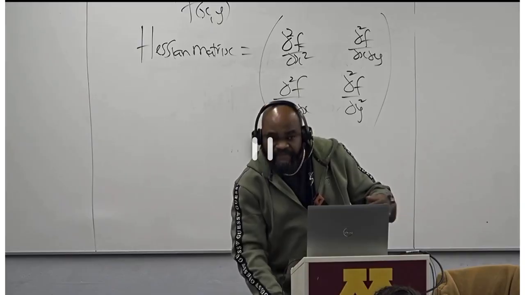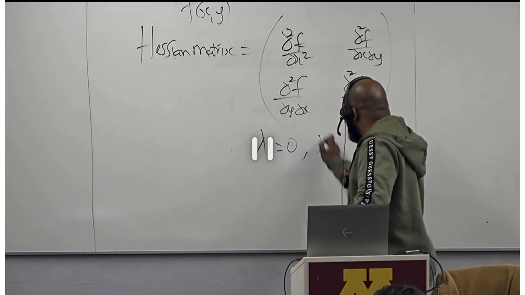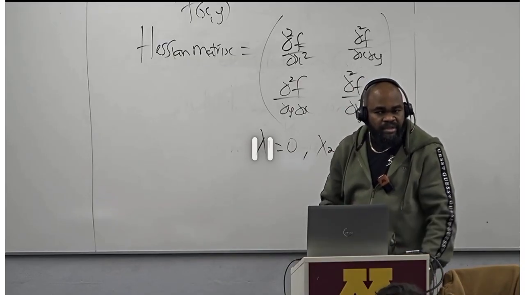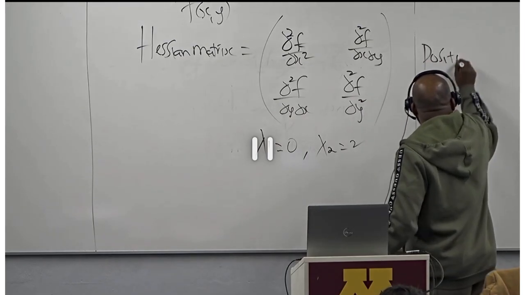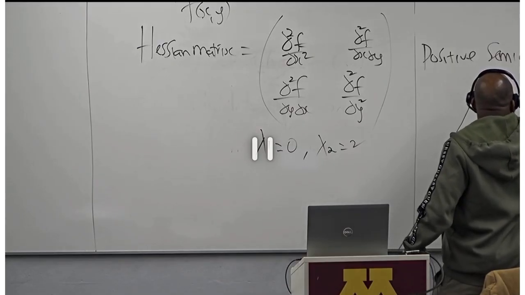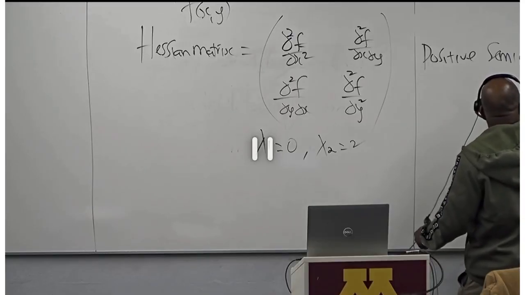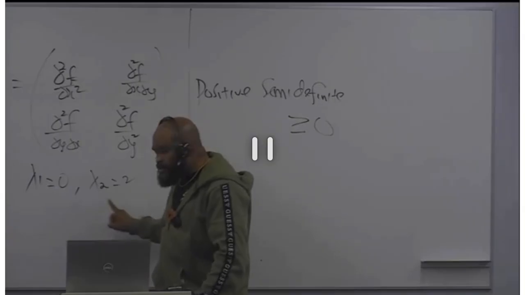If your eigenvalues, let's say the first one is 0 and the second one is positive, that is what we call positive semi-definite. You remember positive semi-definite, we expect that to be greater or equal to 0, which means one of them is 0.